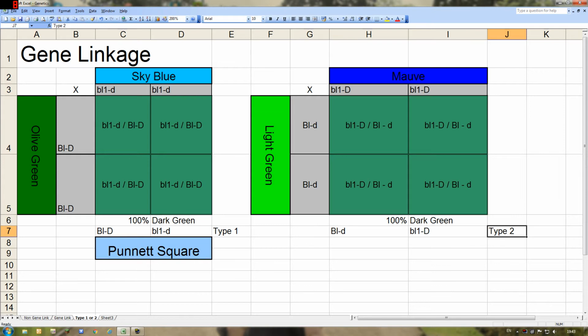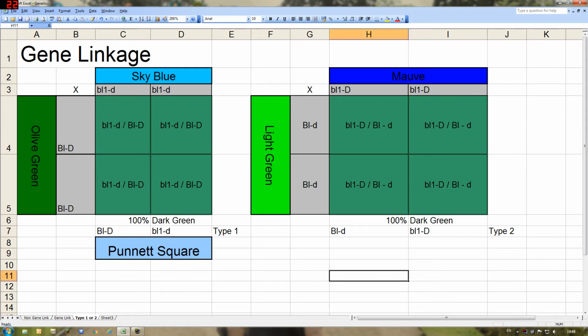So those are the two possible outcomes in terms of the crossings and the way that the dark green bird can pass on the various dark factor linked to the chromosome. So there are two types: type 1 where the dark factor sits on the same chromosome as the non-mutated green, and type 2 where the dark factor sits on the mutated blue gene.